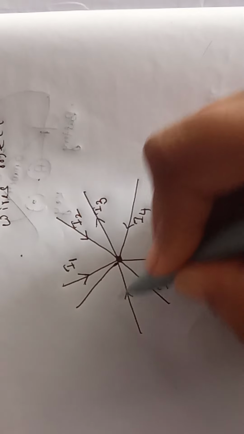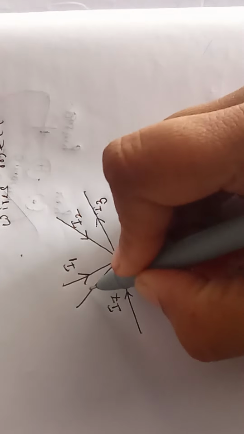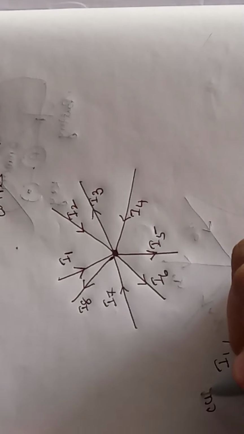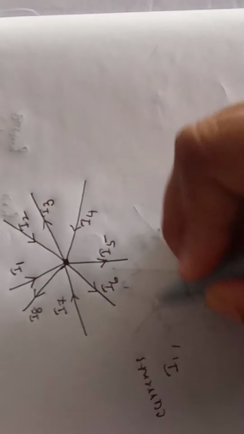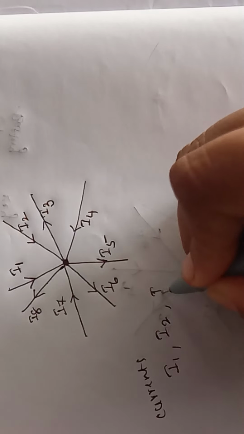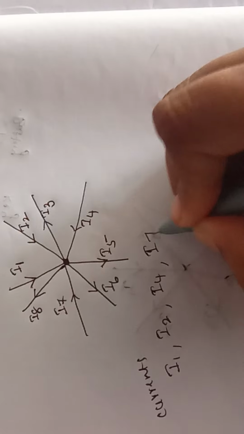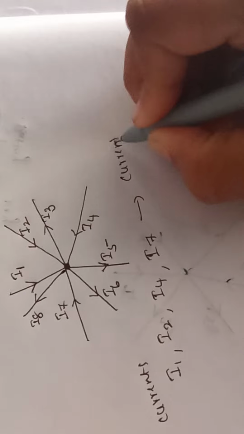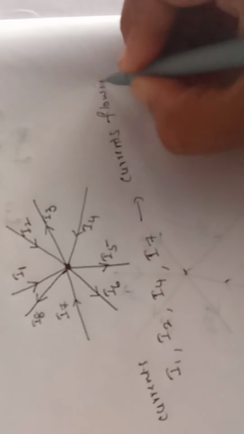Let I7 flow towards the junction and I8 away from it. Some currents such as I1, I2, I4, I7 are currents flowing towards the junction.